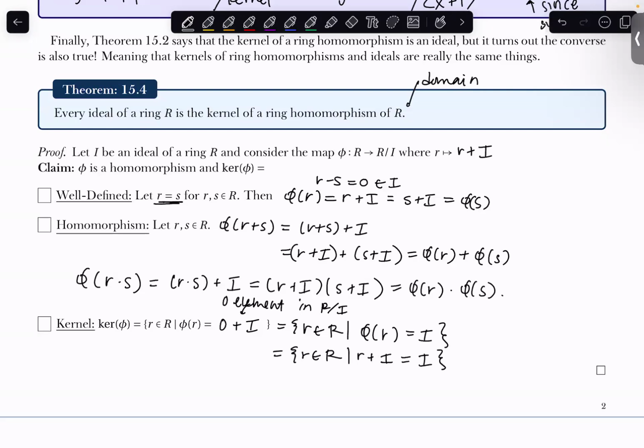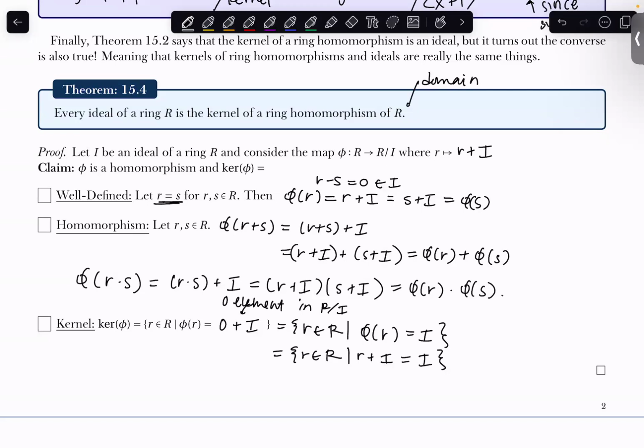And how do I know that my coset gives me back the ideal I? Or what are some things that I can say because of this here? Right, and how do we know that this has to be inside the ideal? What facts about our cosets can we use here to say something about it?